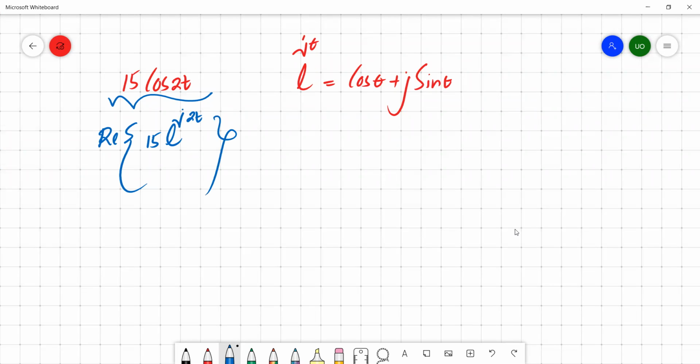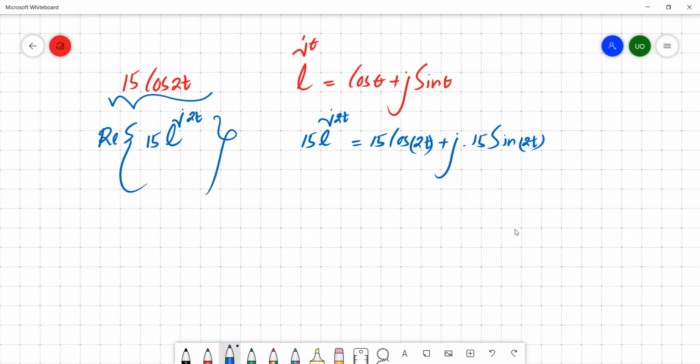So if you convert this j 2t, this would be cos 2t plus j 15 sine 2t. Okay.